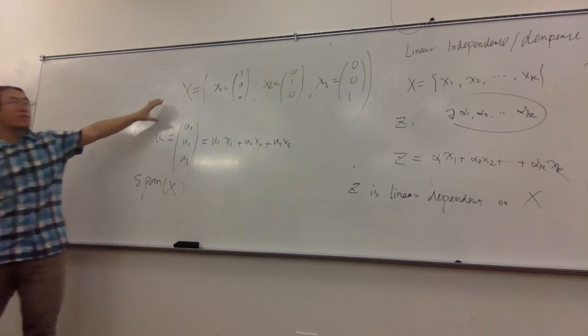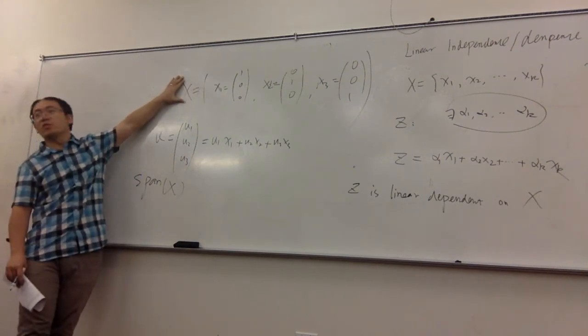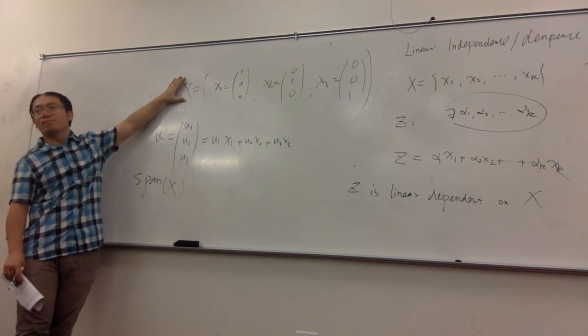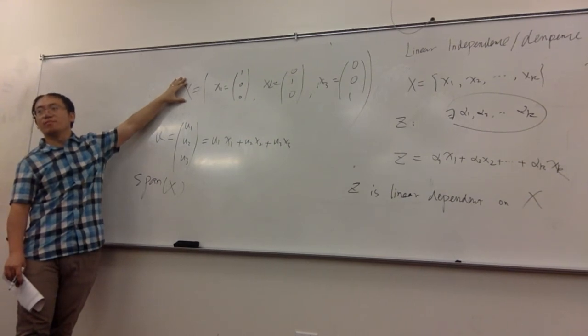So why is this set of vectors so powerful? Because it can represent any vector in three dimensions.